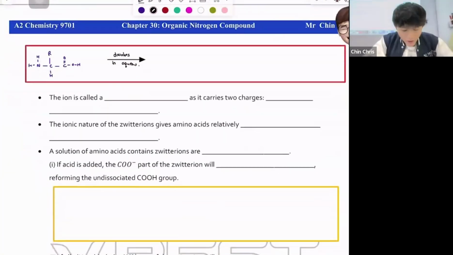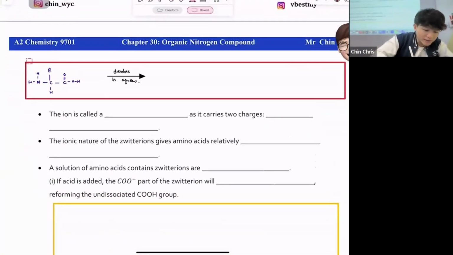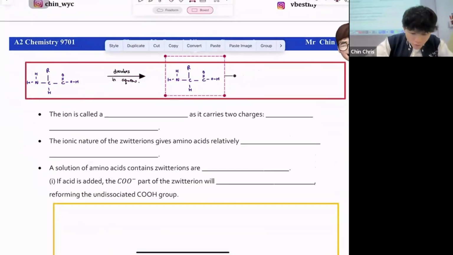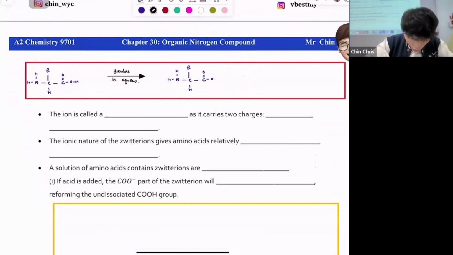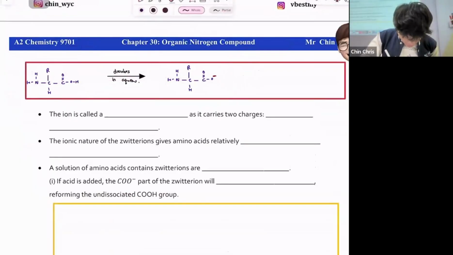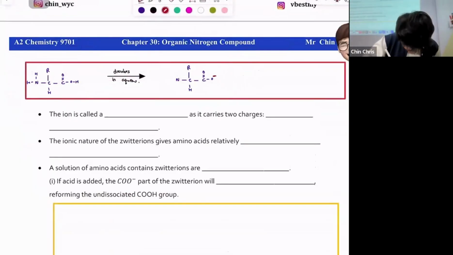When you dissolve an amino acid in aqueous solution, what do you get? You get a zwitterion. On one side you get an RCOO minus, on the other side you get an NH3 plus.